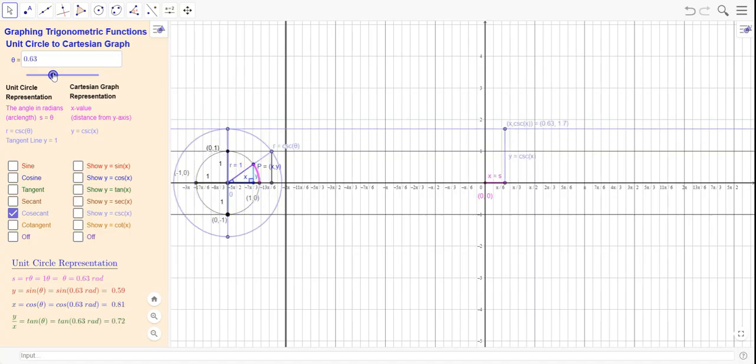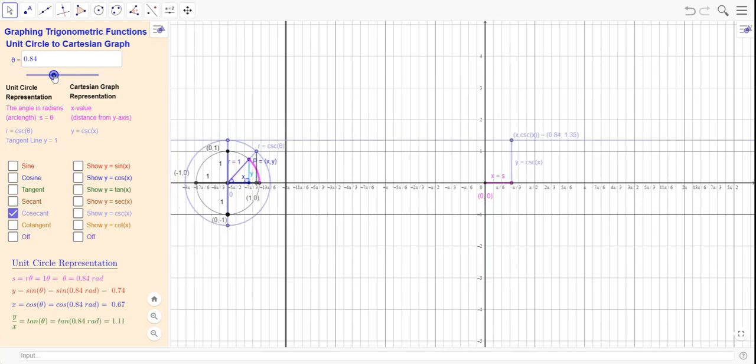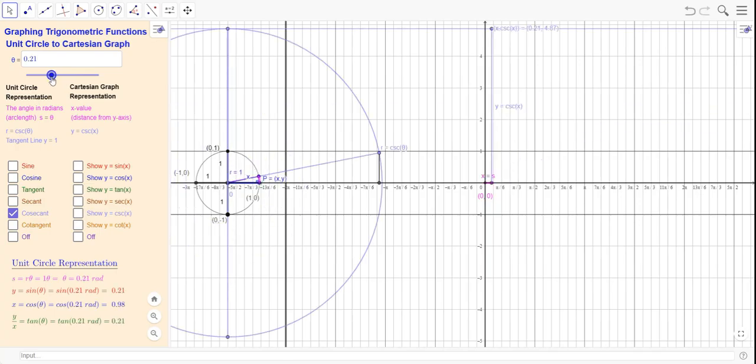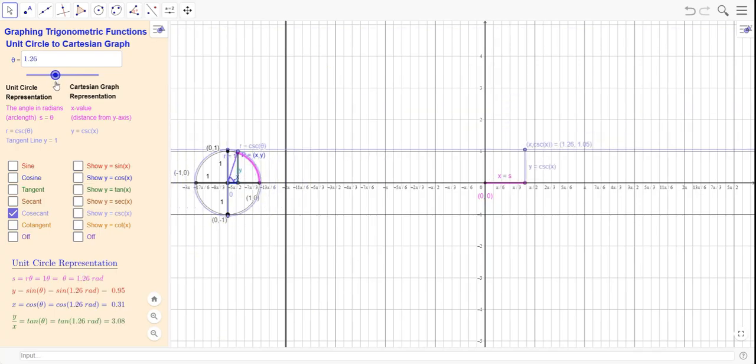So it starts really big, circles way out there, and then comes down, down, down to 1, and that happens when the angle is pi over 2. And then it starts back up when you're in the second quadrant.